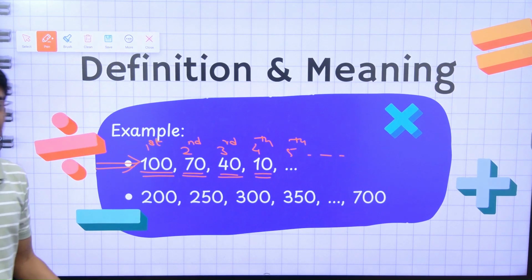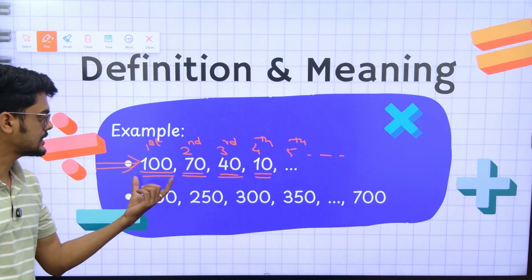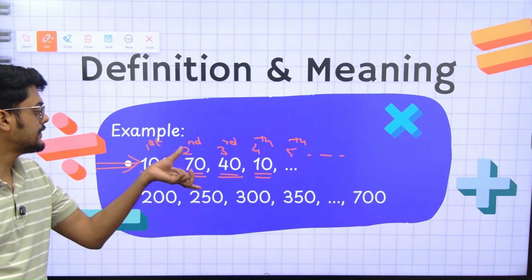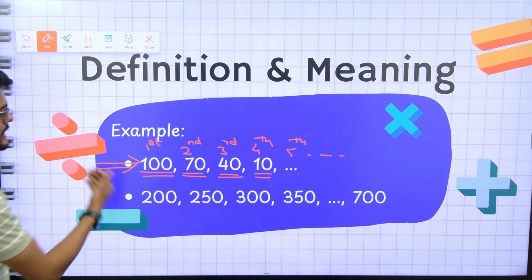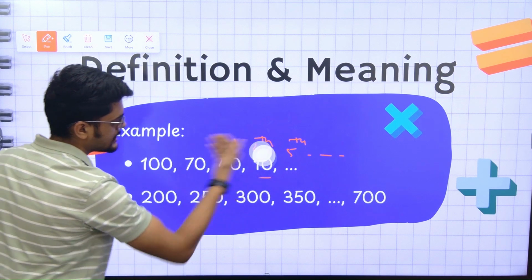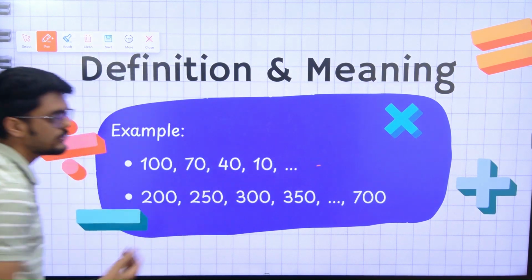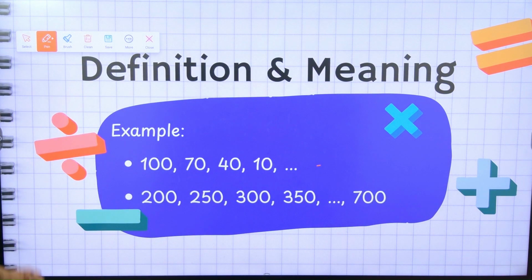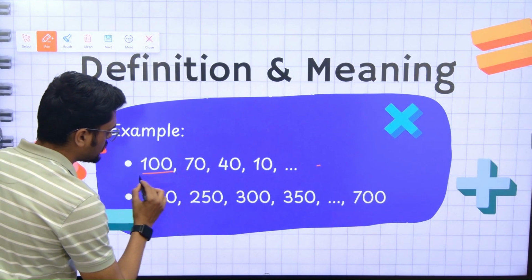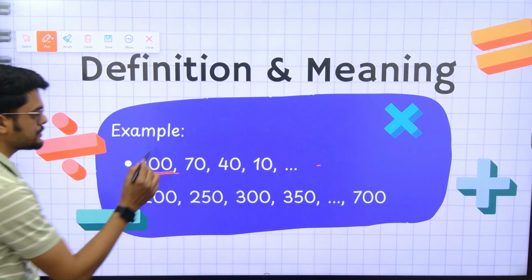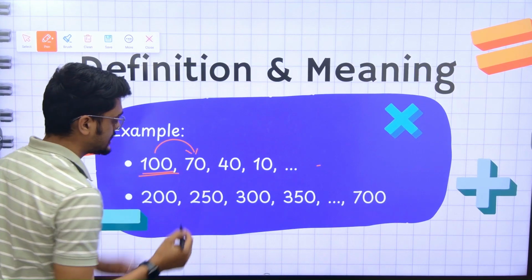Now, with the help of the first term, how can we find the second term? The very first term is always of your choice. My choice was to take 100 as my first term, and how may I obtain 70 from 100?